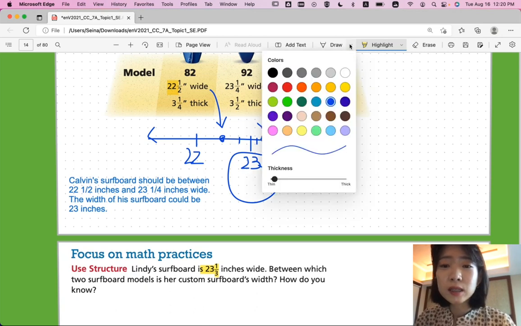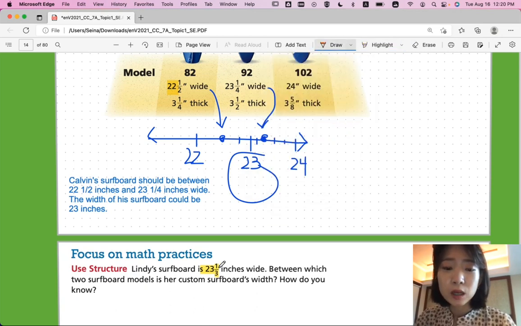So look at the number line again. 23 1/3 is around here. So it's really close to 1/4, but is 1/4 smaller or greater than 1/3 is the question. If you change this to decimal, 1 divided by 3 is 0.333 repeated, right?